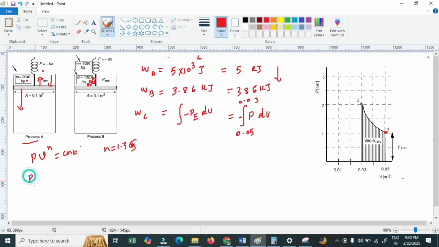For that, I will be using the initial state, P1 V1 power 1.35 equal to P at any volume V, times V power 1.35. Therefore, P equals P1 V1 power 1.35 divided by V power 1.35. And if you substitute back here, minus.